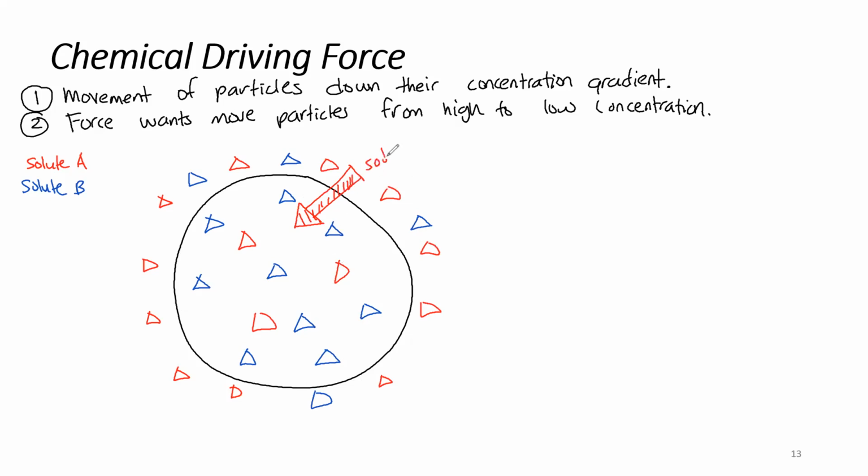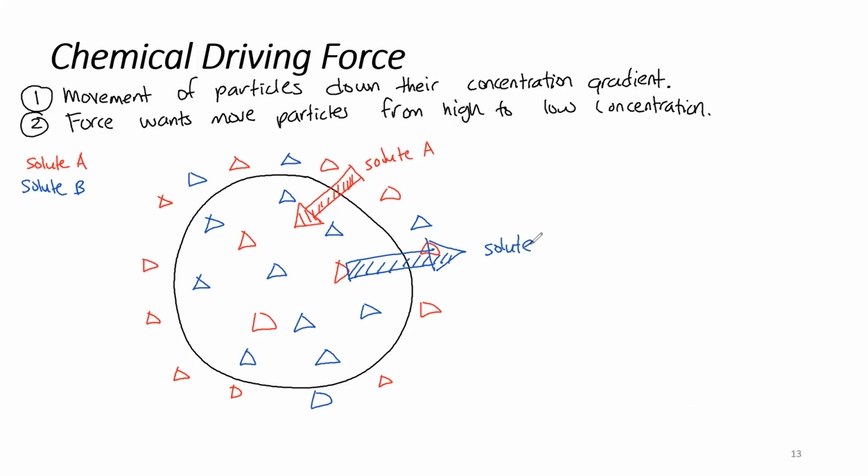Let's think about solute B. What direction would solute B want to move in? Again, thinking about our membrane being permeable to solute B. Out of the cell? Out of the cell, perfect, thank you. So again, moving from high concentration where it is inside the cell to lower concentration where it is outside the cell. This is the movement of solute B. So this is what the chemical driving force is.